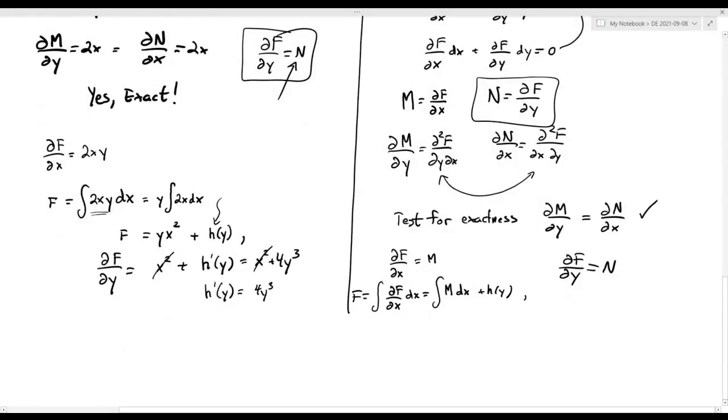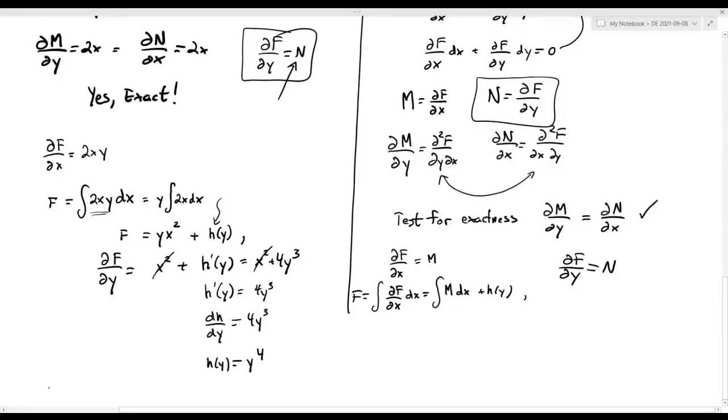But now we can easily, I mean, if you'd like, it's a separable differential equation, but that's maybe overkill. And so just to get rid of the prime, just anti-differentiate both sides, and you get that h is y to the power 4.